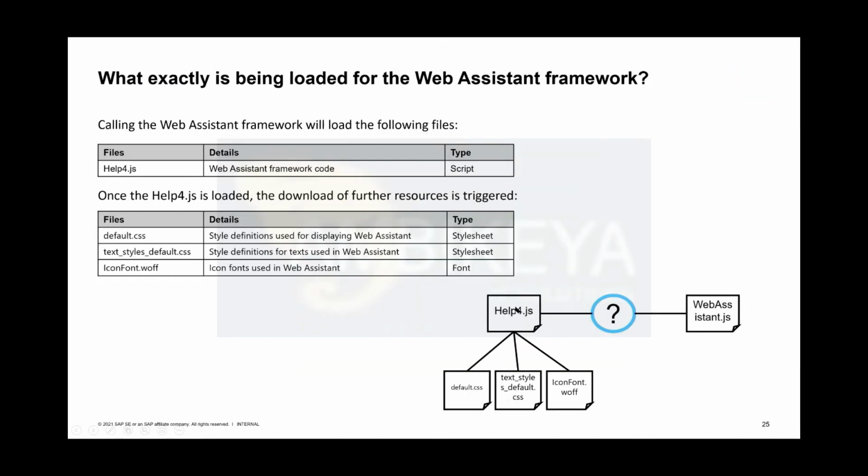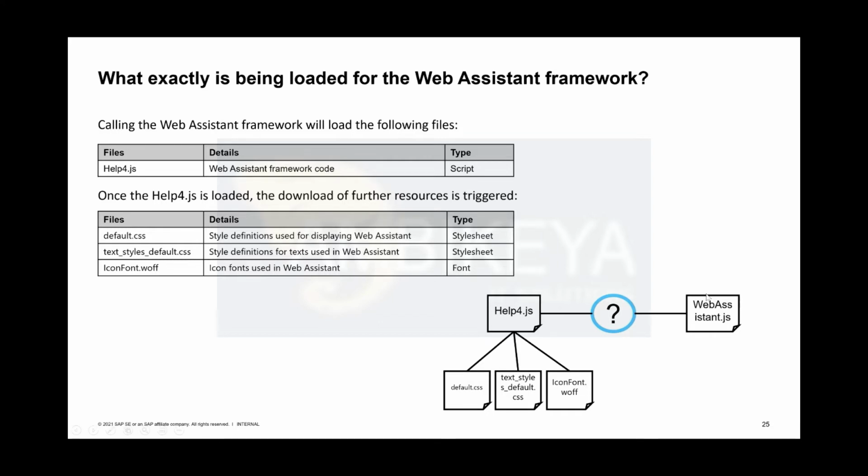The Web Assistant, as one of the mandatory portions, loads the help for JS file, and the help for JS file optionally references some default resources Web Assistant is using. The most common ones are the default style sheet, the text style sheet, and the icons that we are using within Desktop Assistant, which is a font.